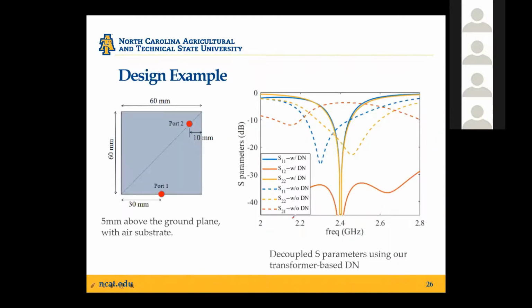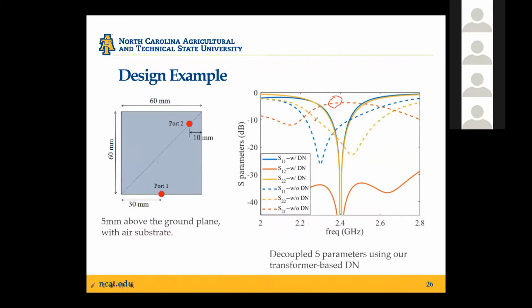And this is a numerical example for a patch antenna here. In this case, I introduced the coupling between the two ports on purpose, and you can see here is the mutual coupling between them. The dashed lines are the performance without any external networks.